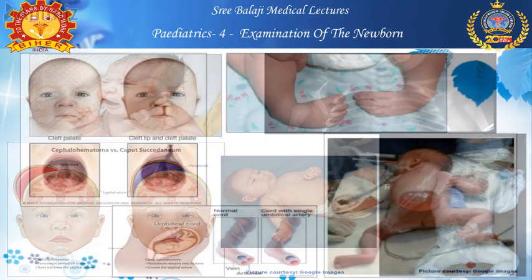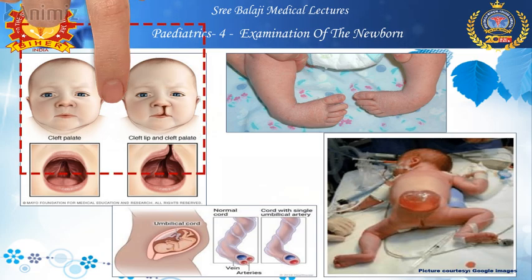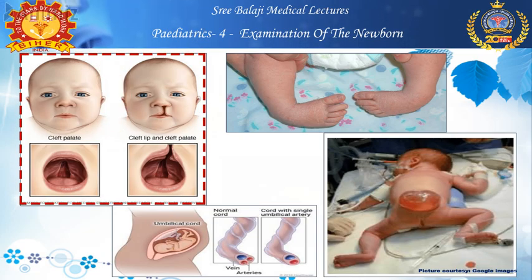Next, we'll go on to see some of the malformations. The common malformations are seen in the picture. It's a cleft lip of the left side, and as the mouth is open, see the cleft palate, and the third picture shows the cleft lip and palate.